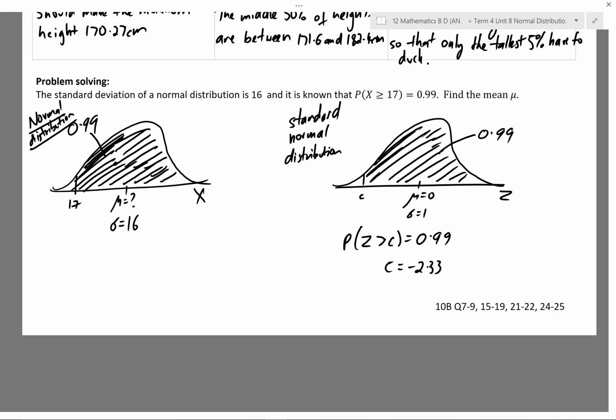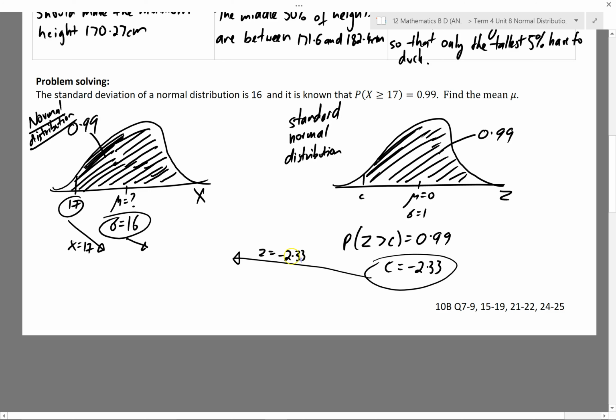So what I'll be able to do is use this x value of 17, use this standard deviation of 16, and use this z value. This is an x value, this is a z value, and combine them all into my standardization formula.